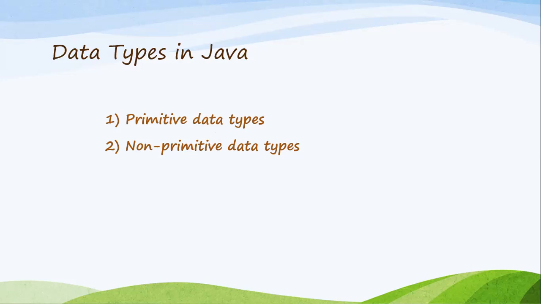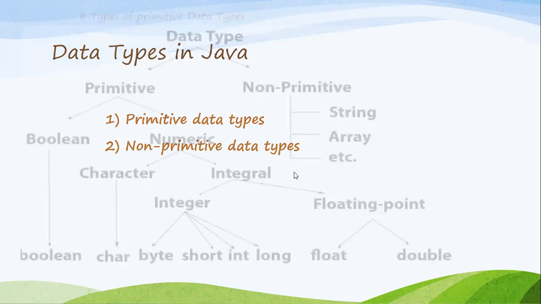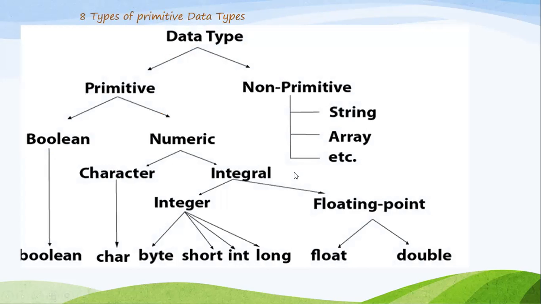So let's discuss how many data types there are. There are 8 types of primitive data types, as you can understand in this diagram. There are two types of data types: primitive data types and non-primitive data types.